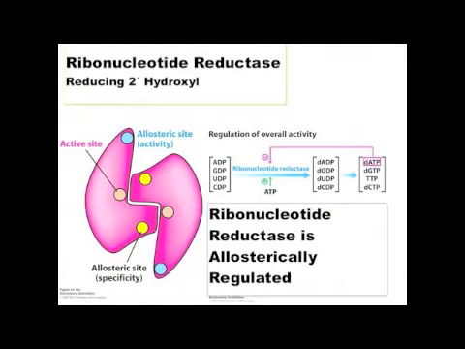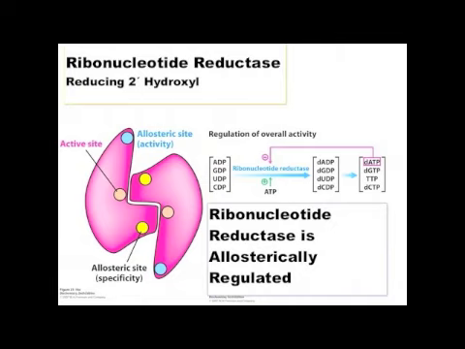The enzyme that catalyzes the reduction of the 2'-hydroxyl is ribonucleotide reductase. And we're not going to discuss this enzyme in great detail. It's sufficient to know that it has an active site and allosteric sites in each of the monomers that make up this dimer. This enzyme is primarily regulated through allostery.